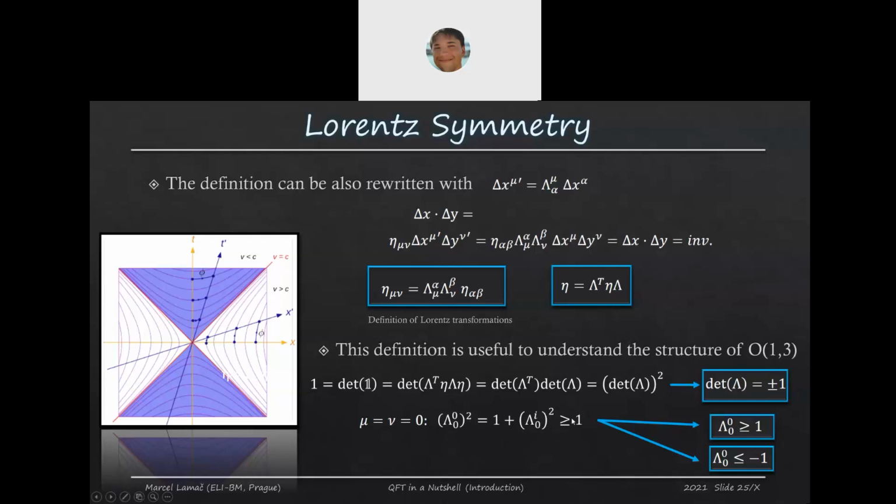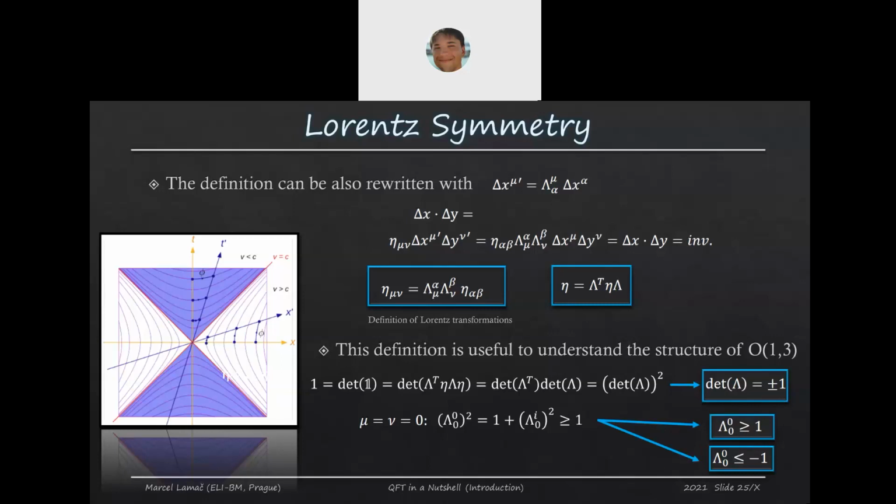Therefore, since this is a square and it's not a complex quantity, it must be greater than or equal to 1. So we get another separating condition between the various transformations: there are some transformations whose 0 0 component is greater than or equal to 1, and there are some whose component is smaller than or equal to -1.